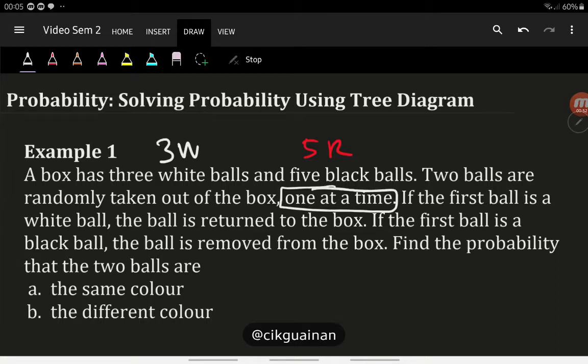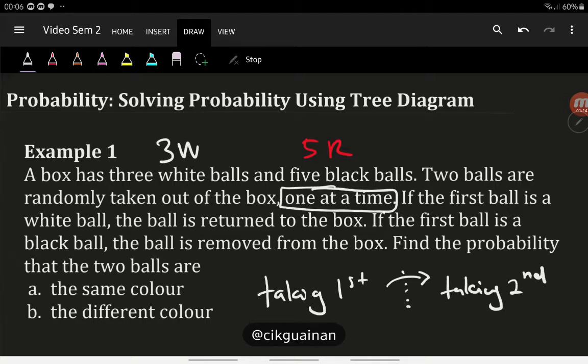One at a time means there are 2 processes that will happen. The first process is taking the first ball, and after we take the first ball, the second process is taking the second ball.